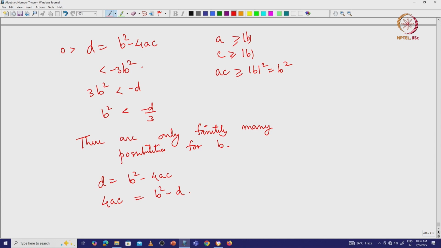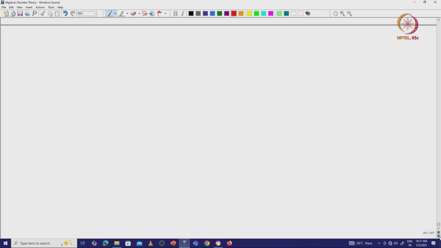So this has only finitely many factors, so this has only finitely many solutions. That is how you get that there are only finitely many reduced binary quadratic forms of a given discriminant.